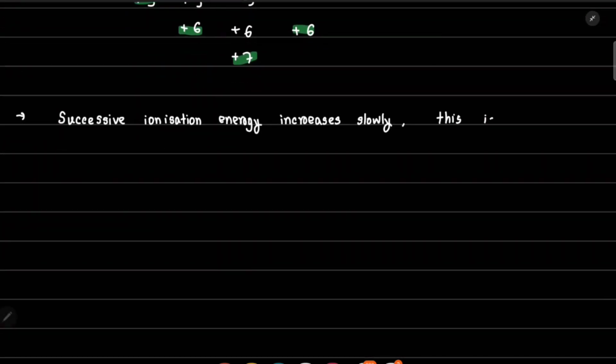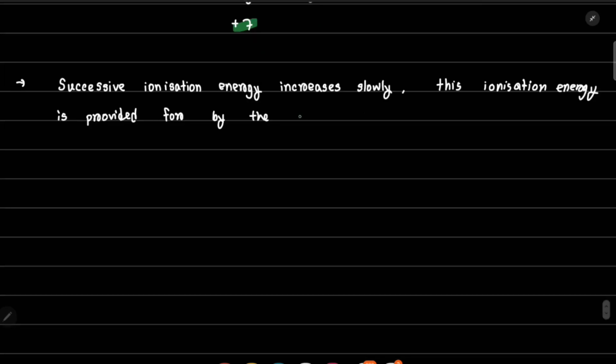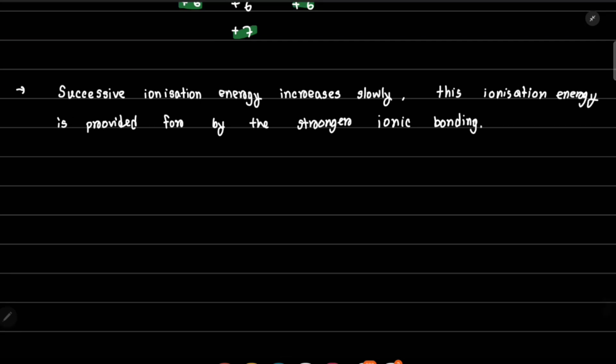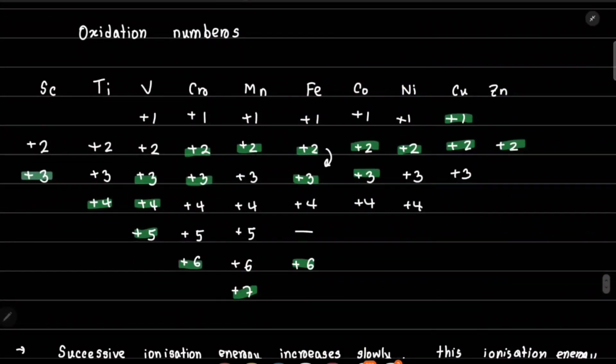This ionization energy is provided for by the stronger ionic bonding. The same is in the case of going from iron 2 to iron 3.